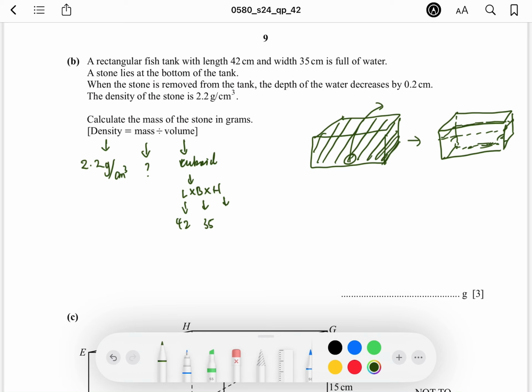So actually the space that went down is equivalent to the volume of the stone. So volume of the stone is actually the volume of that space, which is the same shape. Only the height would be 0.2.